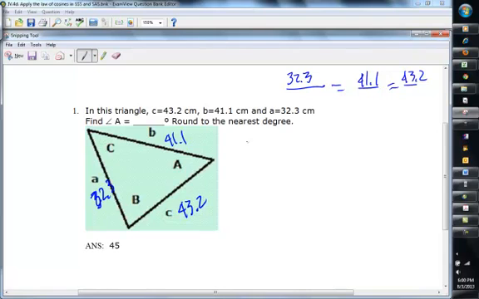Let's look at using the law of cosines, and I'll show you how you'd go about doing it. Find angle A. Well, let's do it the other way around. I'm going to change colors here.